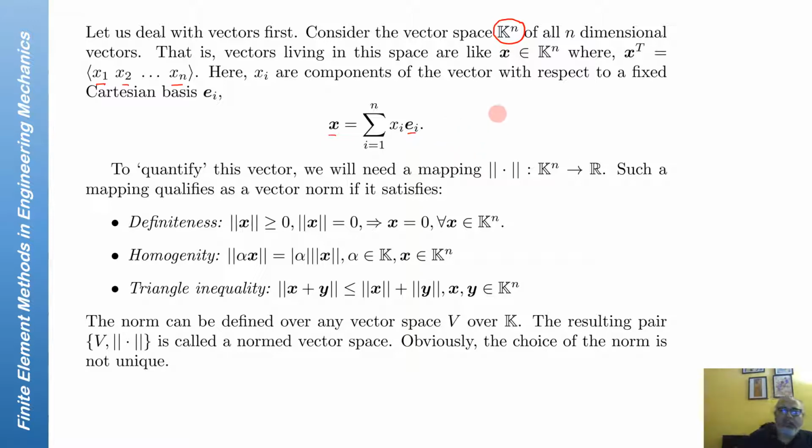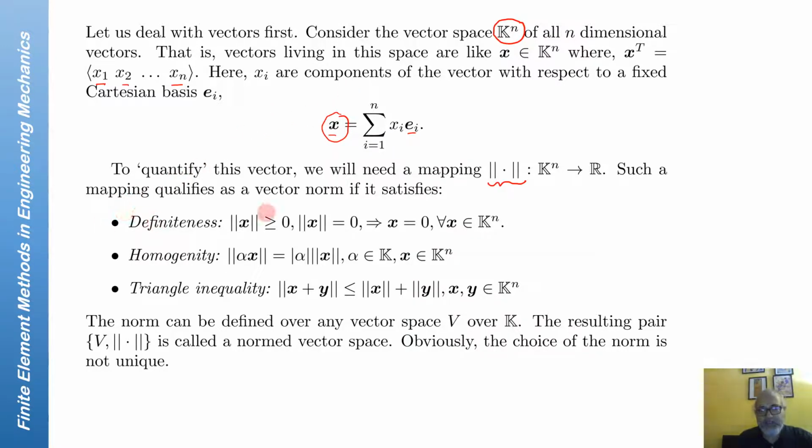Now, to quantify this vector, we can define a mapping, which we call a norm, that takes this vector as an input and gives me a scalar that is indicative of the size of the vector or the quantification of the vector. This has to satisfy some rules.